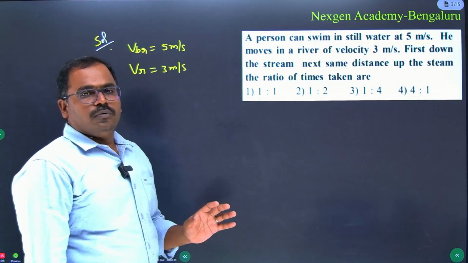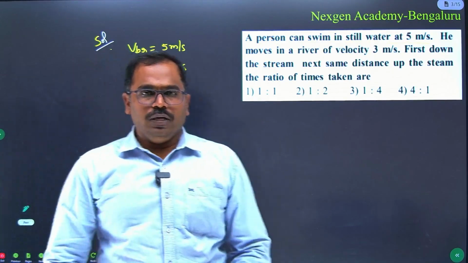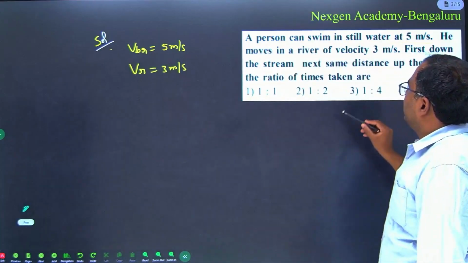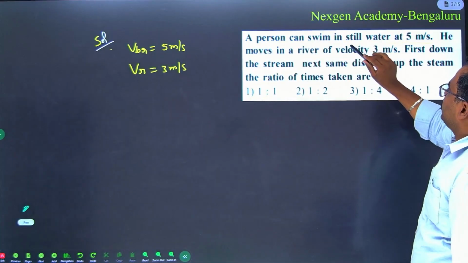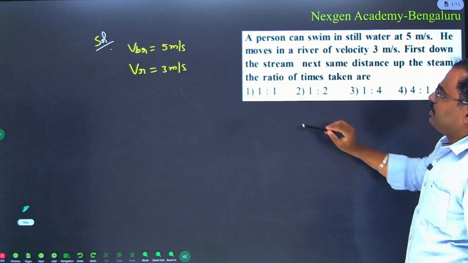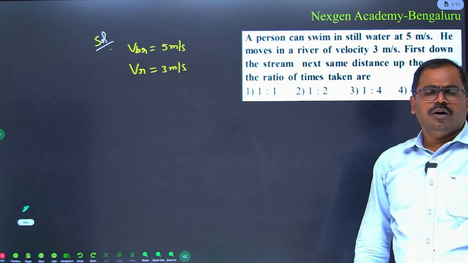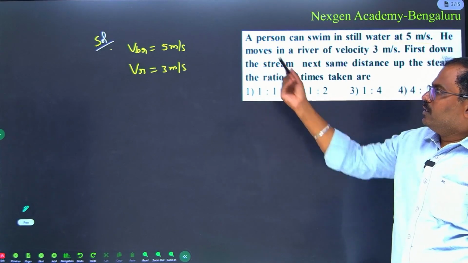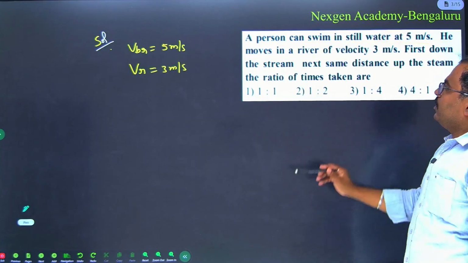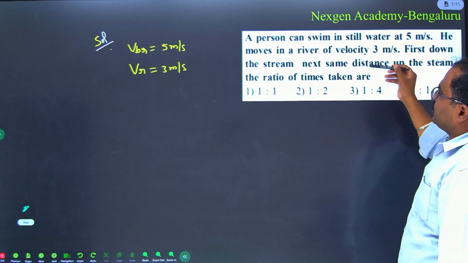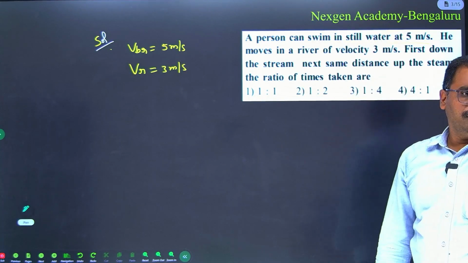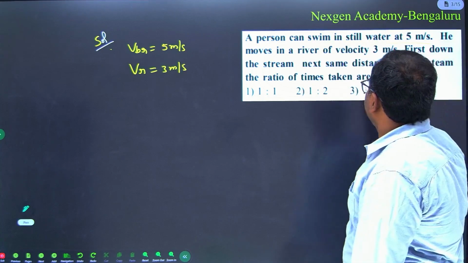So here a few things we need to observe. A person can swim in still water at 5 meter per second means the velocity of the boat, the swimmer or the man, with respect to river is 5 meter per second. And the absolute velocity of the river is 3 meter per second.